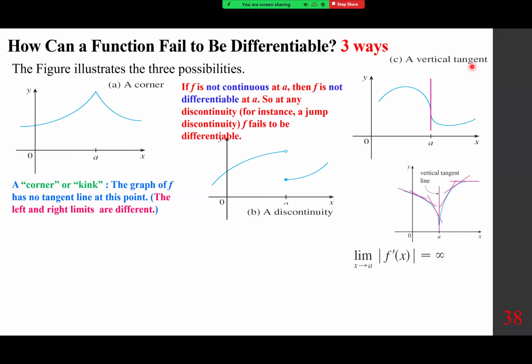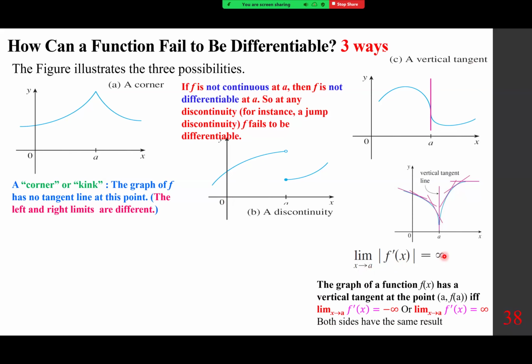A vertical tangent line: the limit of the absolute value of f prime of x as x approaches a is infinity. The graph of a function f of x has a vertical tangent at the point a, f of a, if and only if the limit of f prime of x as x approaches a is negative infinity, or the limit of f prime of x as x approaches a is infinity.